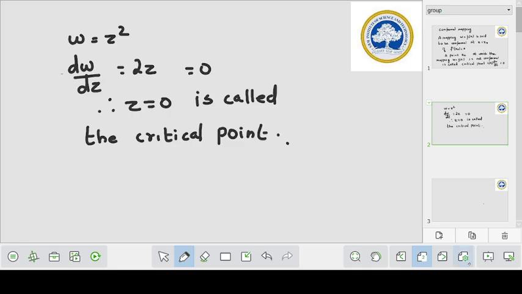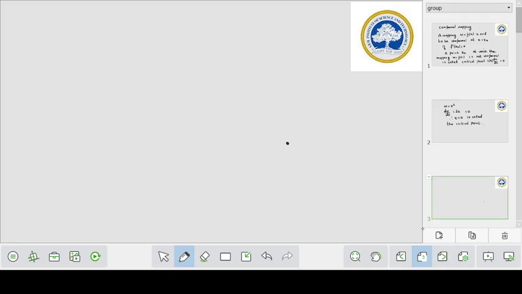Next we can see what we mean by conformal mapping. Here you are going to find the image of a region. Let us see one problem of this type.